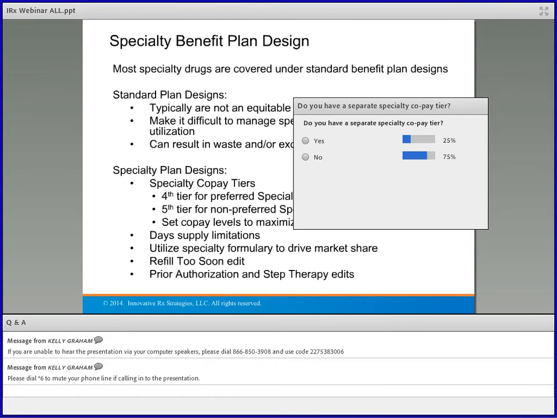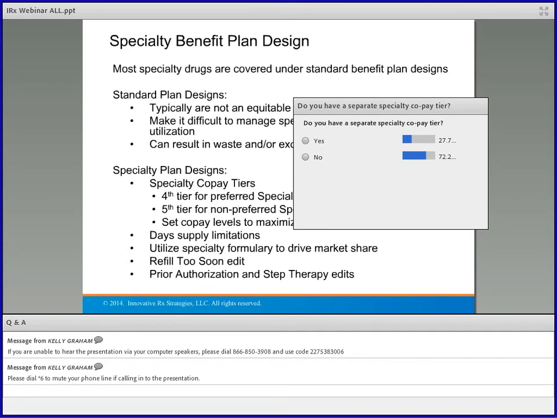Yeah, so it looks like three-quarters of you have those coming under your standard benefits, which is not unusual. But think about whether you want to put in a fourth tier, and perhaps a fifth tier to get preferred and non-preferred within your specialty.